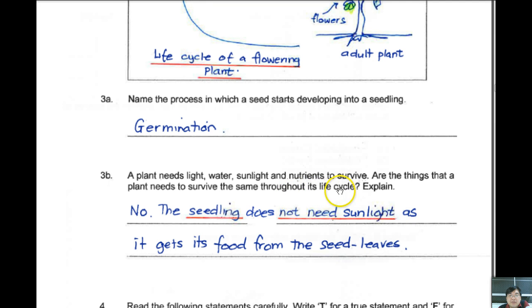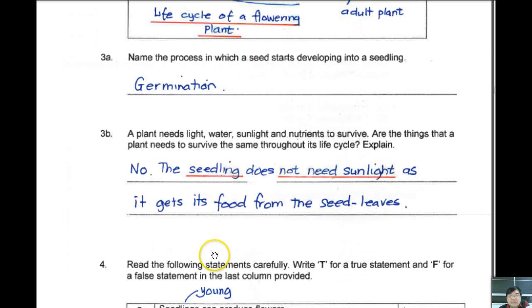When it is a seed, or a seedling, does it need light, water, sunlight and nutrients to survive or to grow? The answer is no. For example, the seedling does not need sunlight. Whether there's a presence of light or not, it will germinate so long as you give it air, food and water. It need not have light, it hasn't got any leaves, it gets its food from the seed leaves.